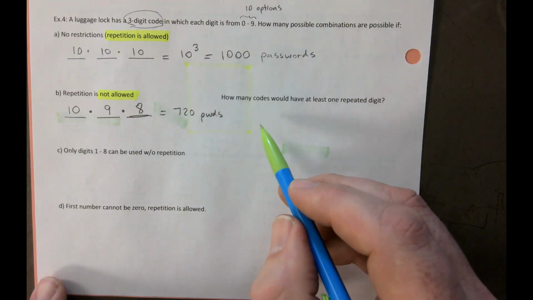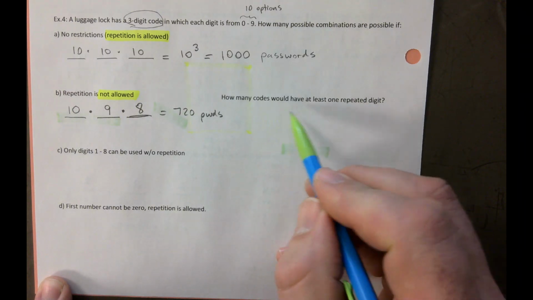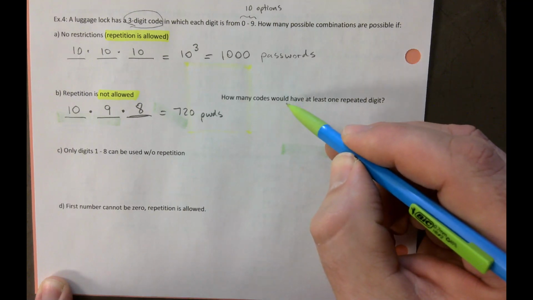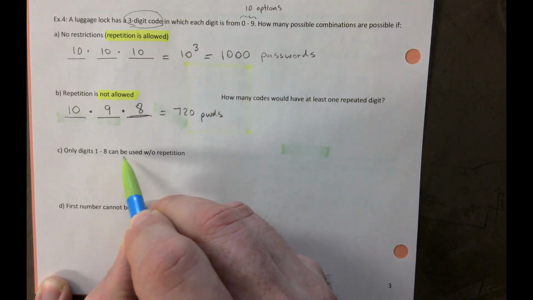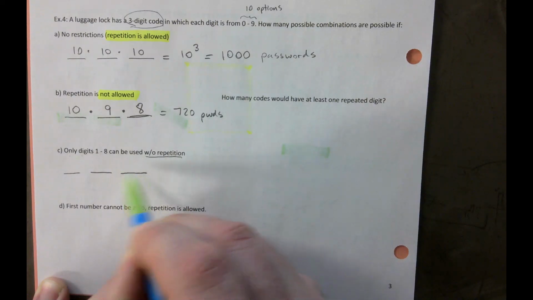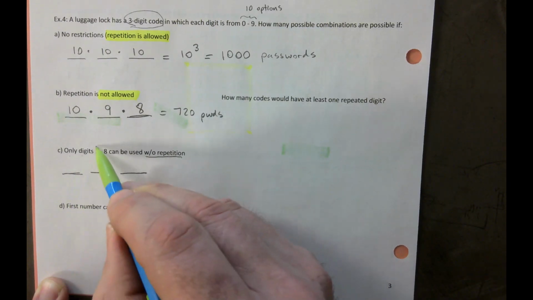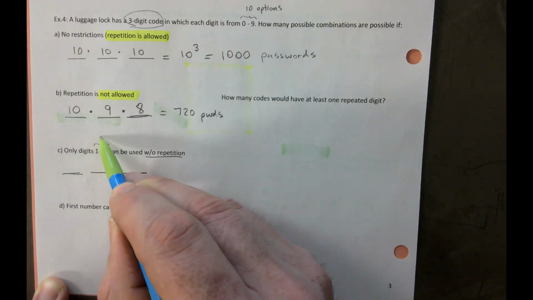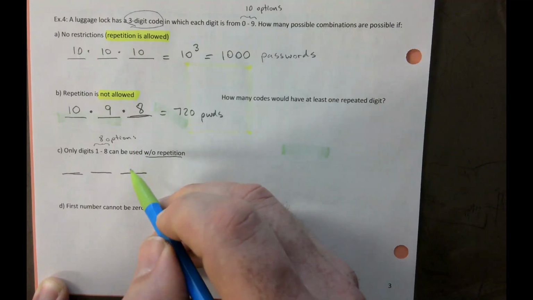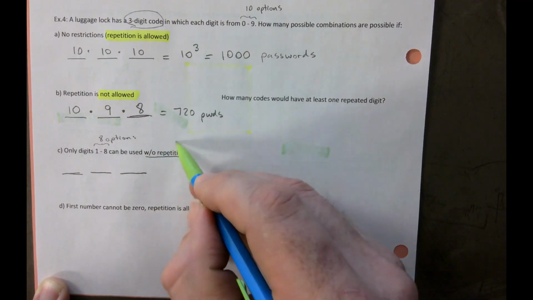Passwords. Okay. So we're gonna try this. Hold on. I think this one I just added right now. I'm gonna go with this one here. Only digits 1 to 8 can be used without repetition. 1 to 8 means how many options? 8 options. Okay. That's all you have. And you cannot repeat.